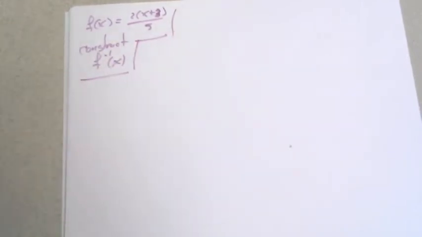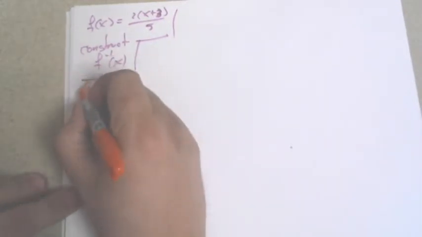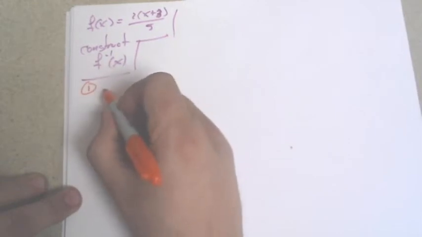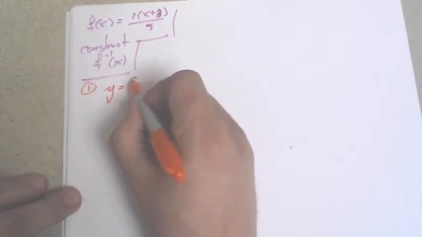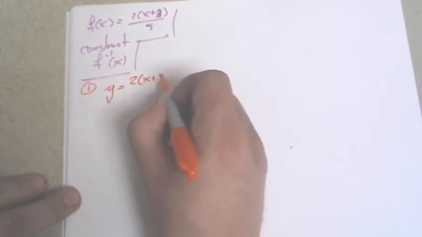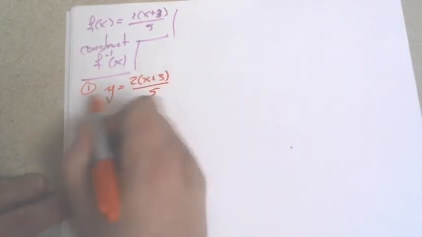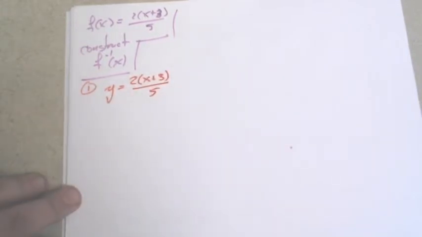The nice thing about constructing inverses is really you've been constructing inverses for a long time. Every time you solve something, you're making an inverse. So to build an inverse, we're going to set it as y equals instead of f of x, and that's really just for our own notational simplicity.